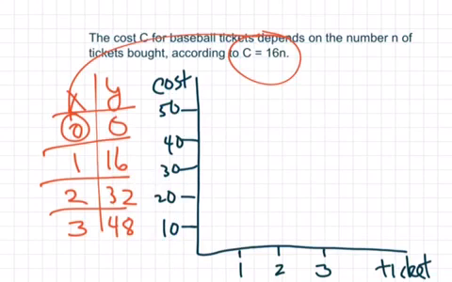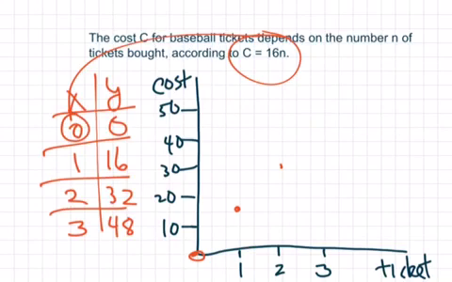Okay, so plotting these points, I'm at 0, 0. I'm at 1, 16, so 16 is a little more than halfway. I'm at 2, 32, so just a little bit past the 30 mark. And I'm at 3, 48, so just under the 50 mark.